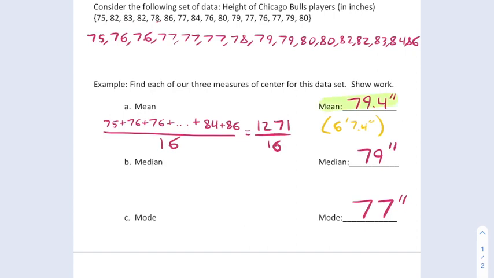Together, the three measurements give us a pretty good idea of what's typical for the data set, what's normal, what's kind of the middle average number. So for this example, we realize that about 6'7" is the typical height of a Bulls player, which could then be extended on to start thinking about what's the average height of an NBA player in general.